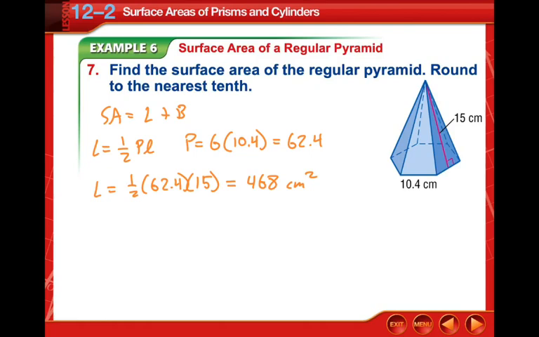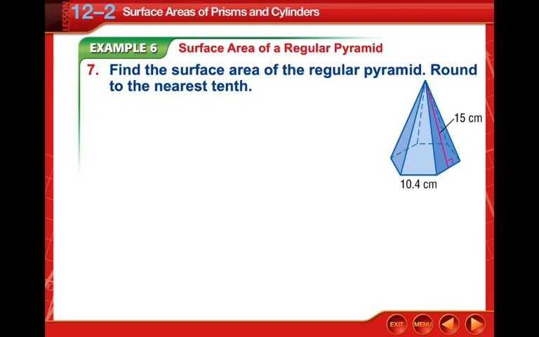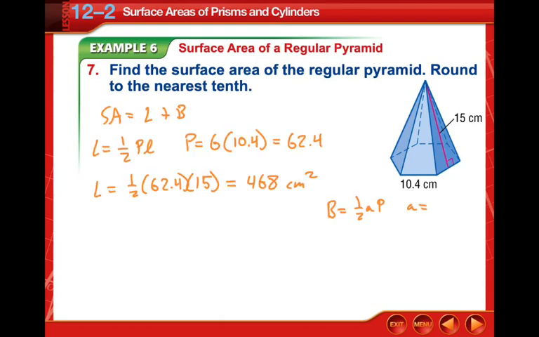And the base is going to be the problem here. So finding the area of the base will be 1/2 the apothem times the perimeter, which we already found. The apothem, though, is going to be equal to... So drawing a picture of the triangle we're thinking about, it's not using the slant height, the 15 centimeters.